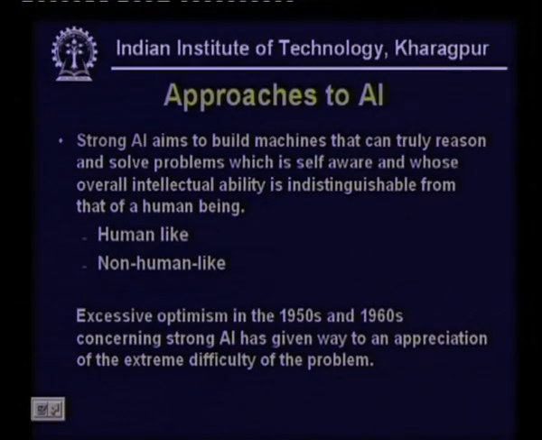When AI was first conceived in the 1950s and 1960s, there was a huge optimism about AI, and there was a prediction that very soon AI systems will be able to overtake humans and be able to do everything that a human can do, and do them much better, and do tasks that humans cannot do within a short time. However, such optimism has been ill-founded, and this was partly the reason why some people lost faith in the techniques of AI.